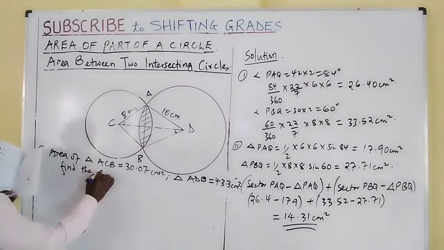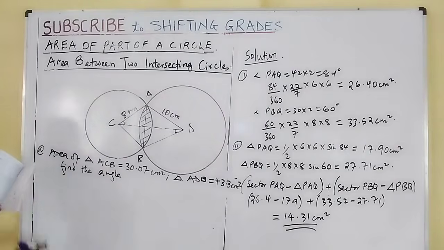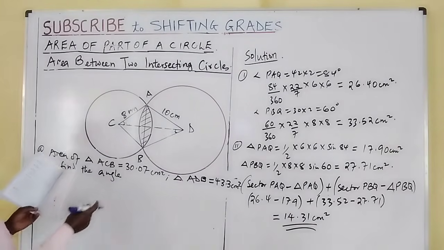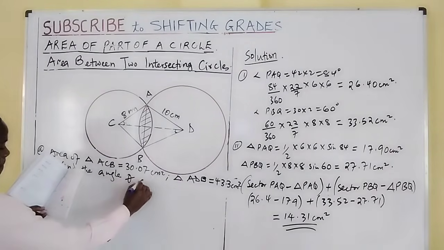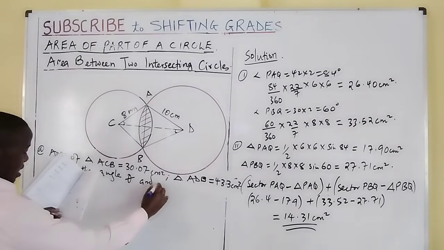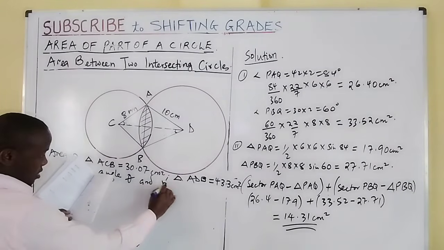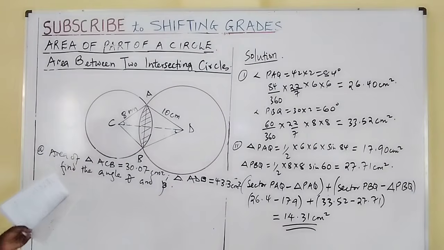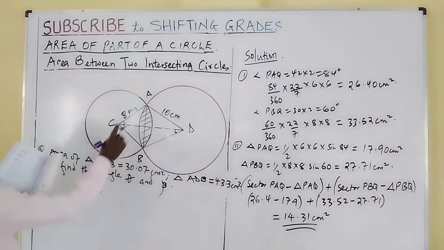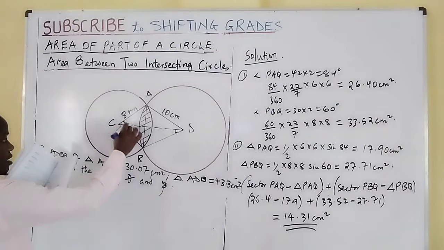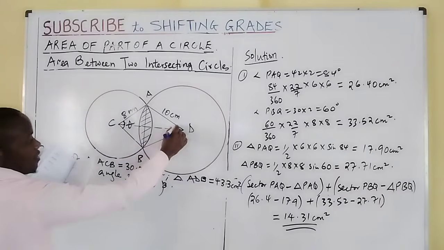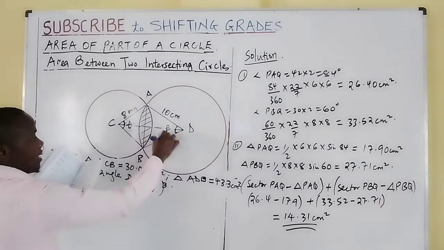Now with that, find the size of angle, find the size of angle beta and this other angle. Therefore, we have this angle abbreviated with that symbol. Then the other angle is beta, like that.